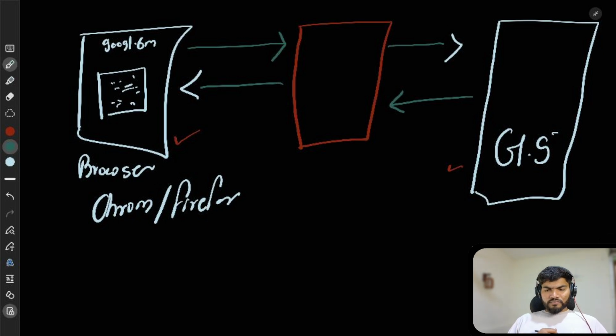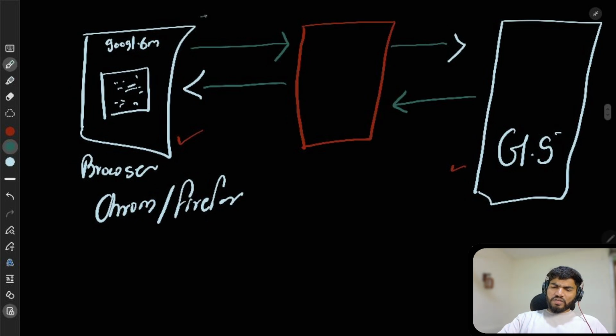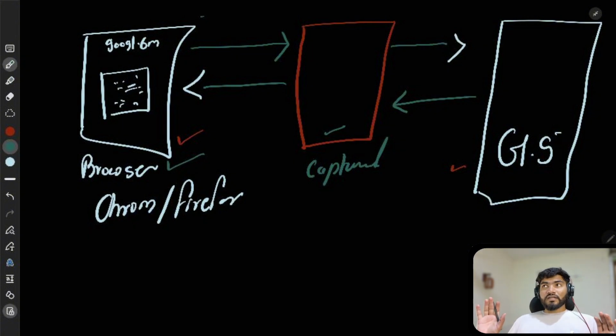Okay, now whatever we send to the Google server from our browser, everything will be captured right here. Okay, everything will be captured right here in the Burp Proxy. So imagine Burp as a bowl. Okay, imagine Burp as a bowl.